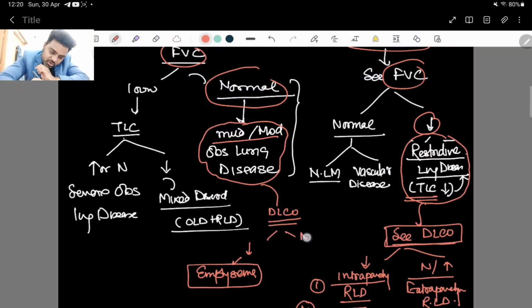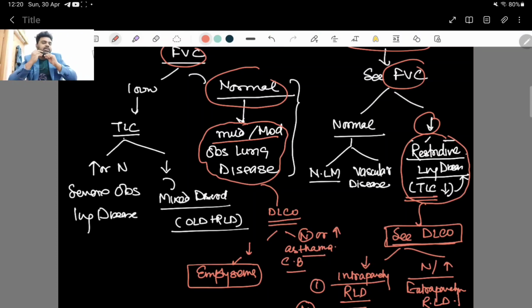So see, you are able to make a diagnosis so clearly just on the basis of DLCO. Now if DLCO is normal or increased, then the obstructive lung disease which can be there is asthma, because we have seen that in asthma DLCO is increased, or it can be chronic bronchitis. In chronic bronchitis DLCO is not increased, it remains normal. It may increase. So I haven't written chronic bronchitis in the list of increased DLCO.